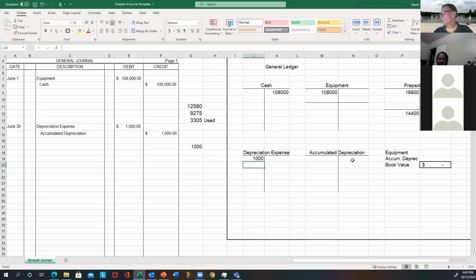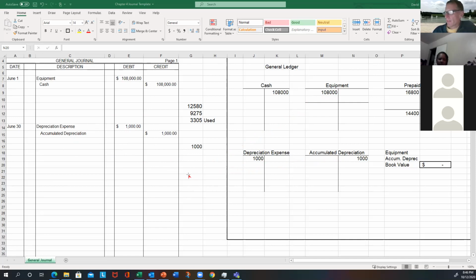And then of course, accumulated depreciation, it's a credit of 1,000. Notice, we do not have to post anything else to that equipment account. The adjusting entry, we go to depreciation expense, that's the expense. Accumulated depreciation, that's the contra asset.